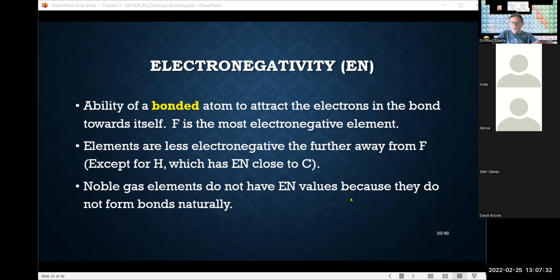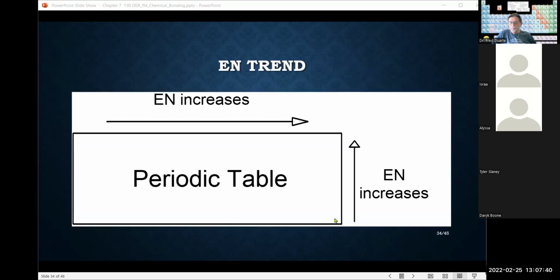That's not at all related here. We know that noble gases won't have an EN. Why? Because first of all, they don't form bonds, and they have their octets filled. So here's fluorine right there, and that's our benchmark.